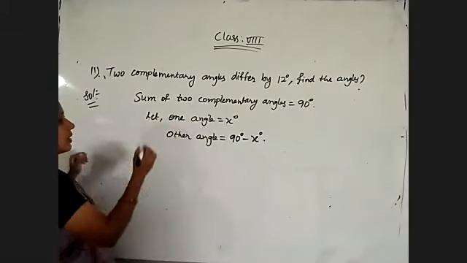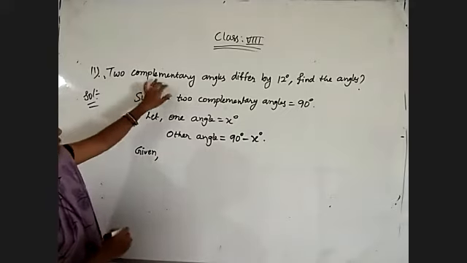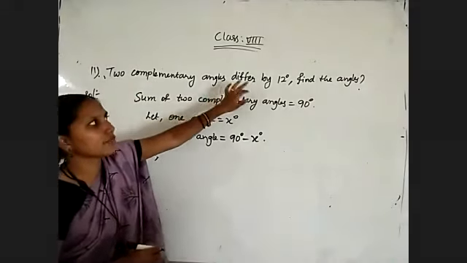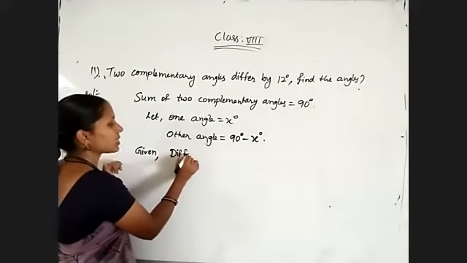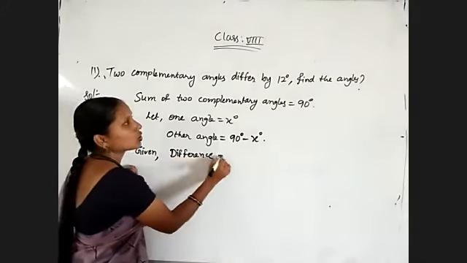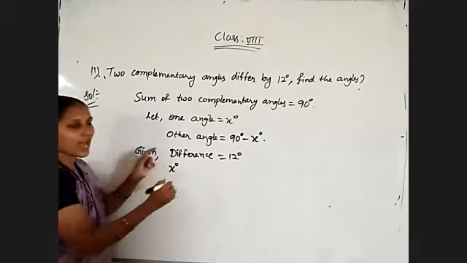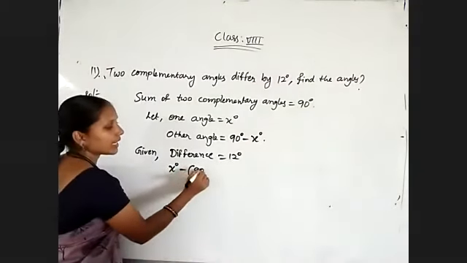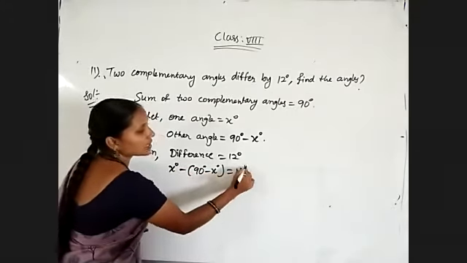And now, given that the complementary angles differ by 12 degrees, the difference between those two angles is equal to 12 degrees. So x degrees minus (90 degrees minus x degrees) is equal to 12 degrees.